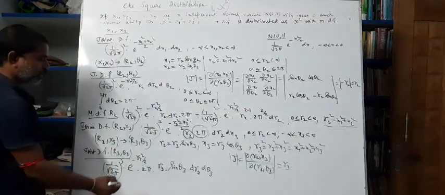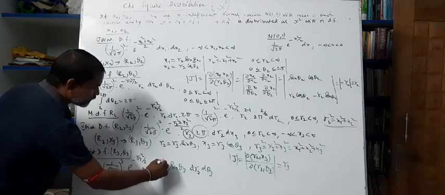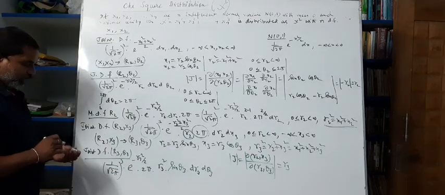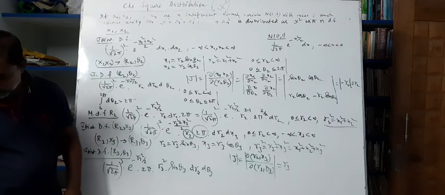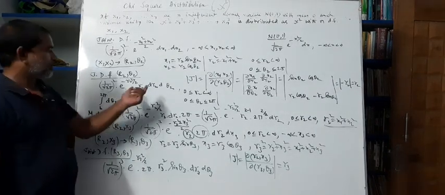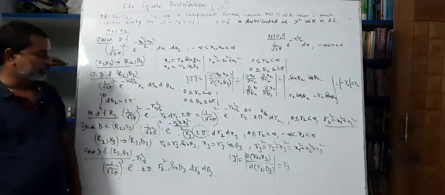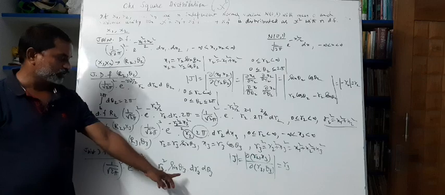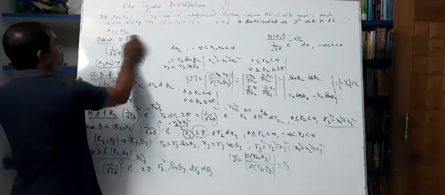So this Jacobian makes R3 square, as we discussed before. R2 and theta 2 are independent. Here it is also R3 and theta 3 are independent.